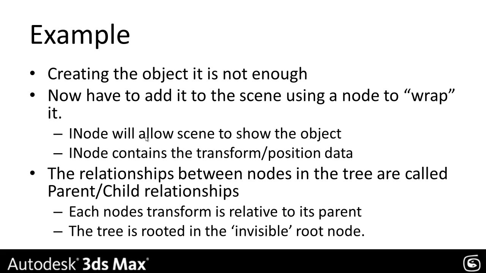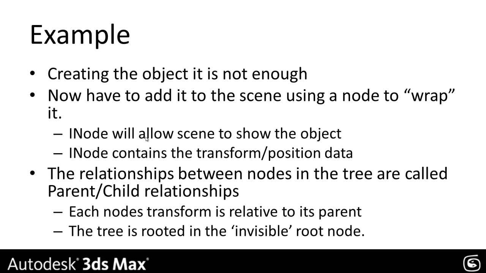So the relationships between the nodes in the tree are called parent-child relationships. Each node's transform is relative to its parent. So when you have multiple children of a parent and multiple parent-child relationships under a parent, you can see that the transformation chain will adversely affect the node.